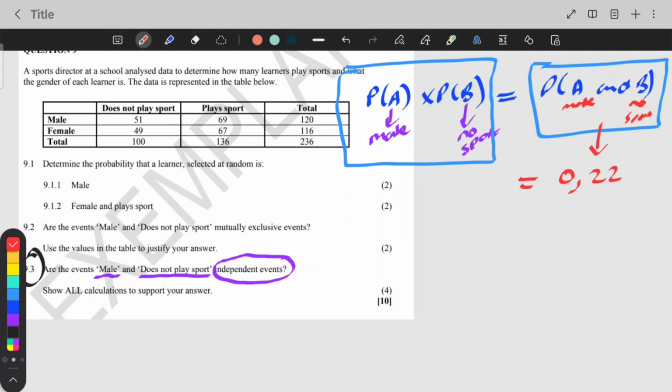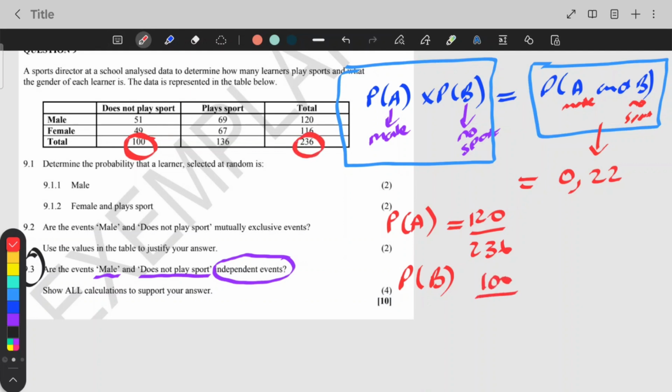So now we just have to check the left-hand side. So we have to do the probability of A, which is the probability of being male. We worked that out: the probability of being male is 120 over 236. And the probability of B, does not play sports, is 100 over the total number of learners.